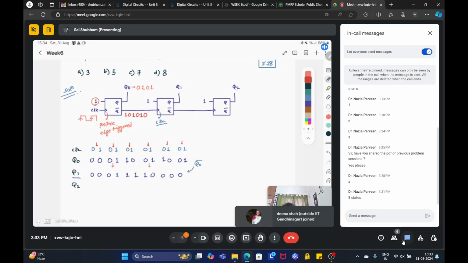So it will have a negative edge. So we have to check at this point. So it will flip.